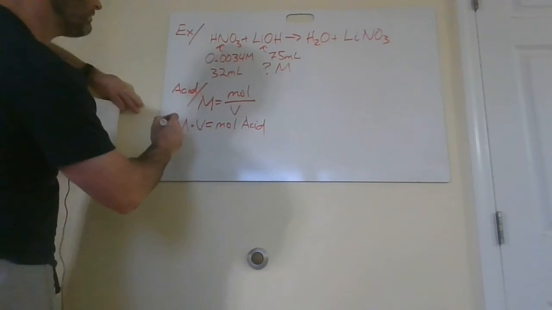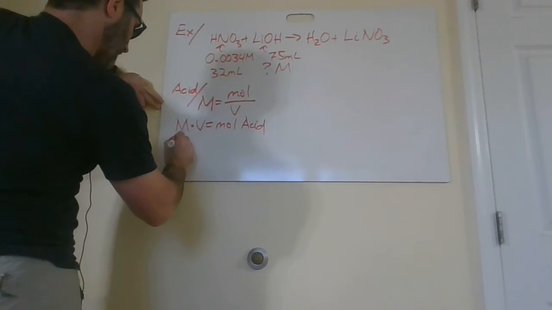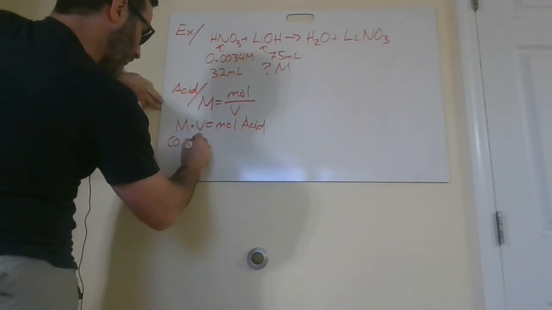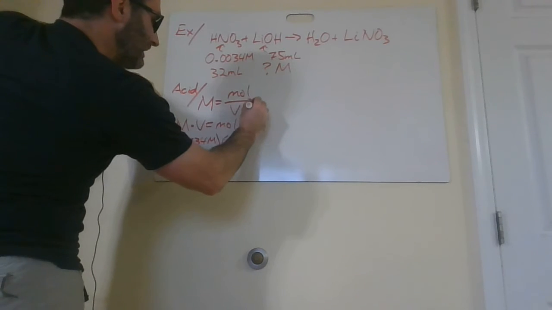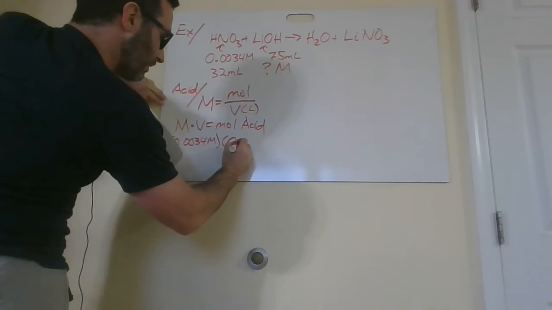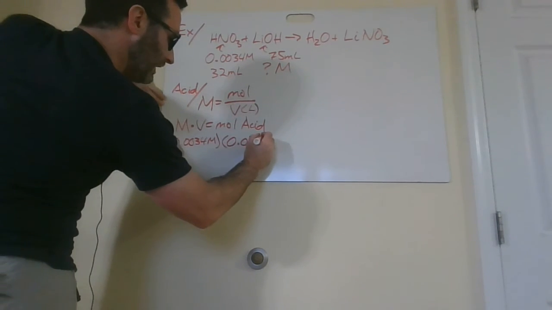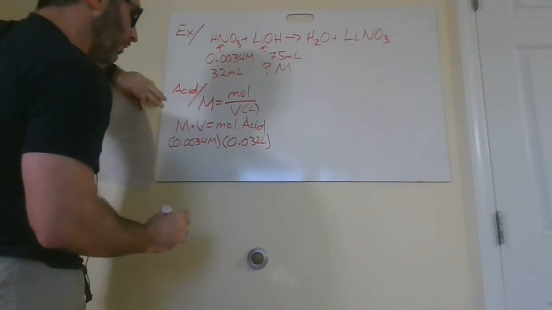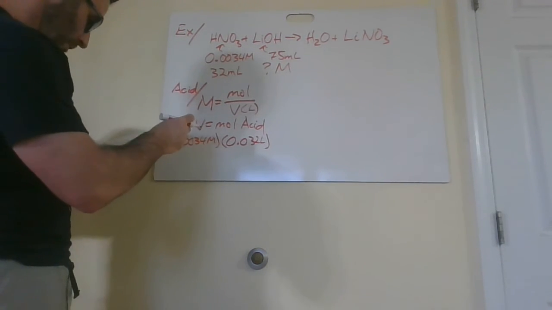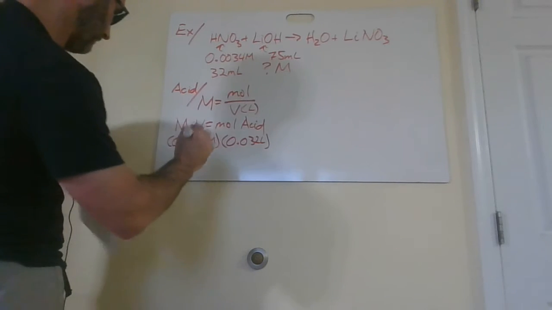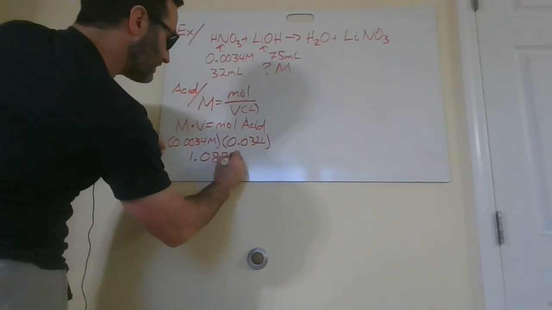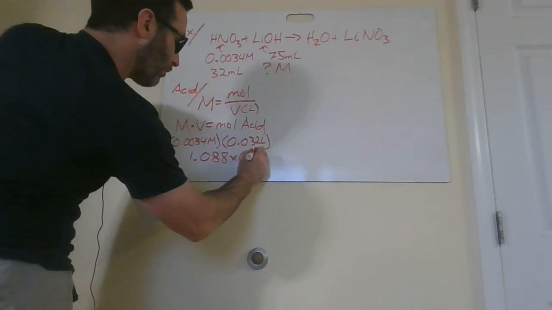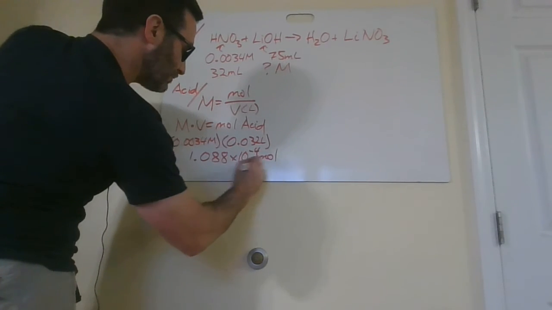Okay, well, 0.0034 molar, my volume in liters, 0.032 liters, is going to give me moles. When I do that, that's 1.088 times 10 to the minus fourth moles of acid.